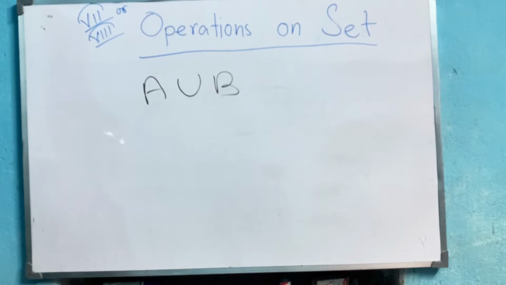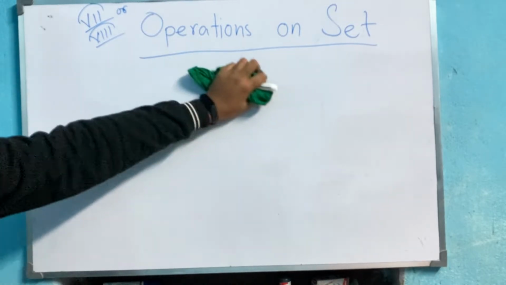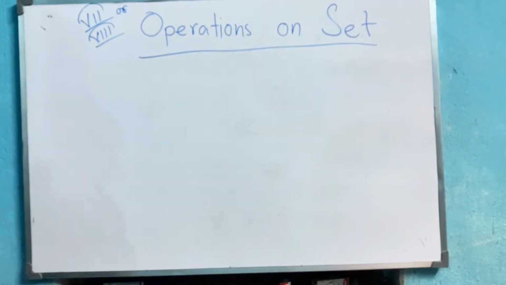The union of two sets A and B means, let me take an example, that set A and set B are two sets.